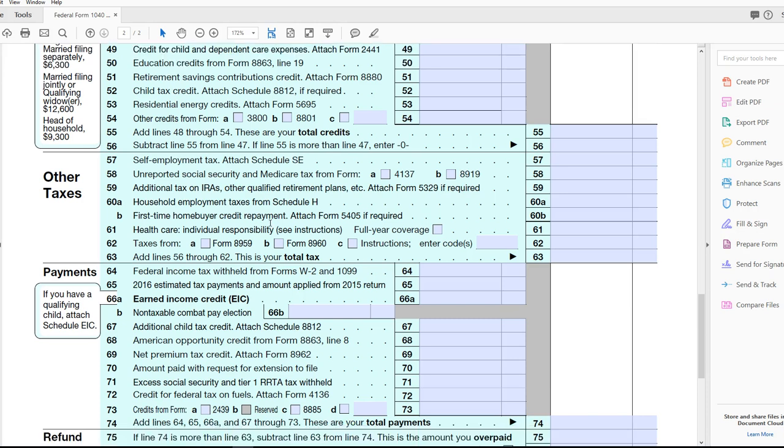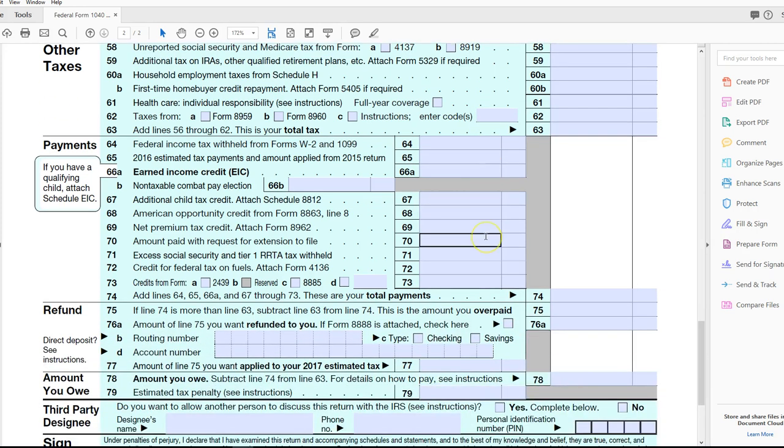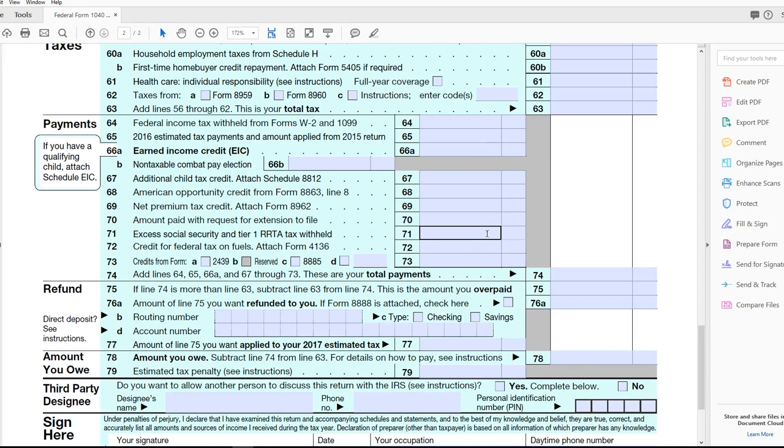There's a first-time home buyer. There's health care taxes. And so these are additional taxes that you would have. And then ultimately, we come to line 63, which is the total amount of tax that you are responsible for.